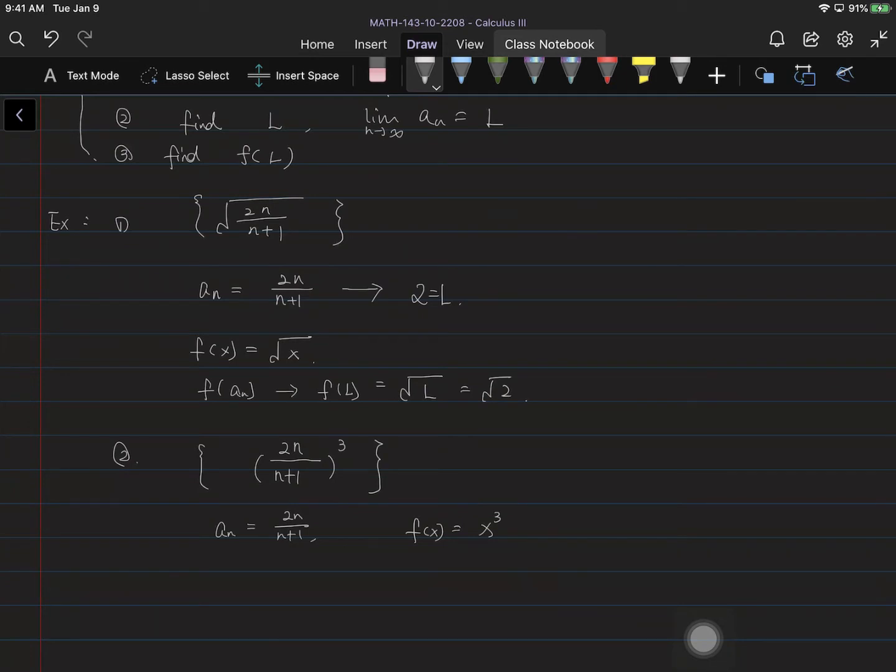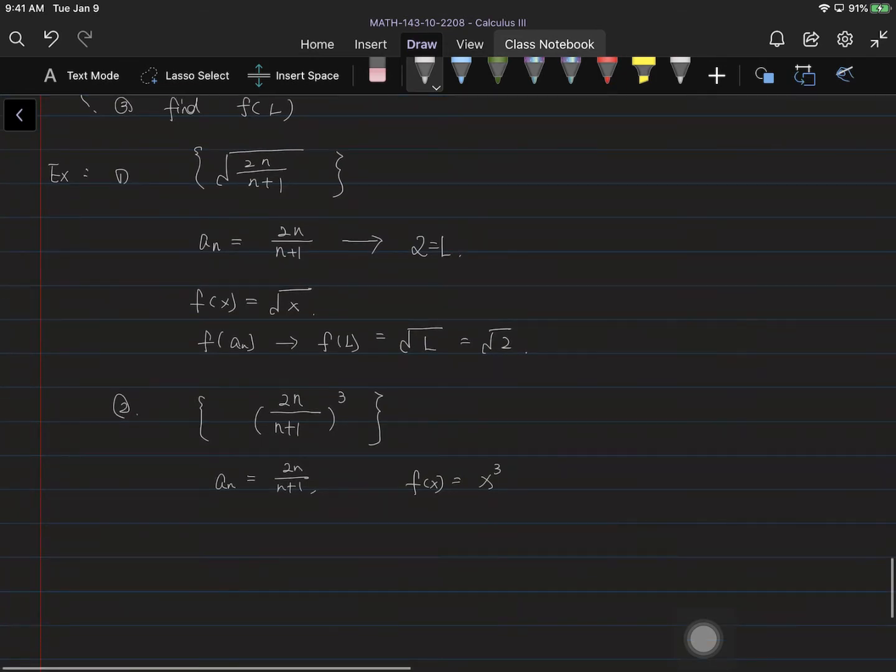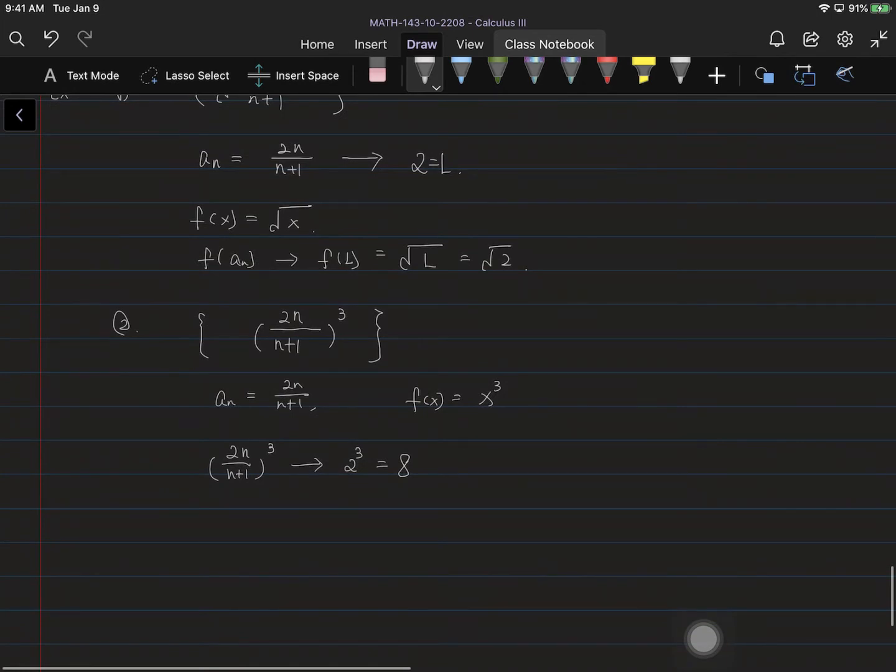So you follow the same steps. Actually, when you finish the calculation, this sequence goes to 2 to the cube, which is 8. Okay, this is called the continuous function theorem for sequences.